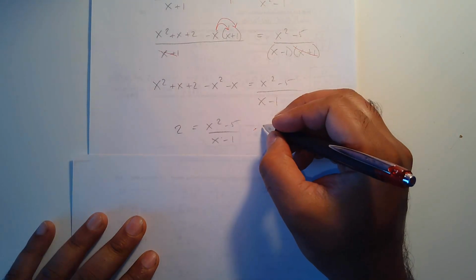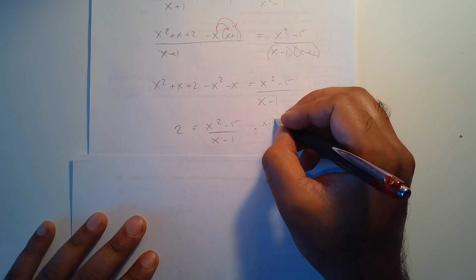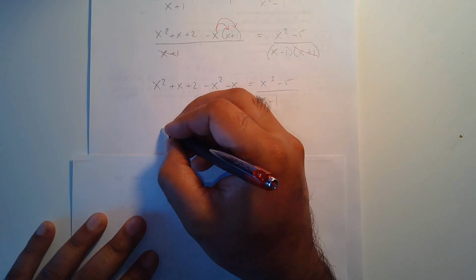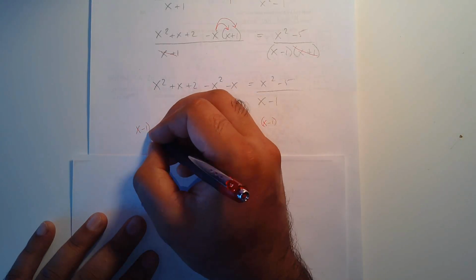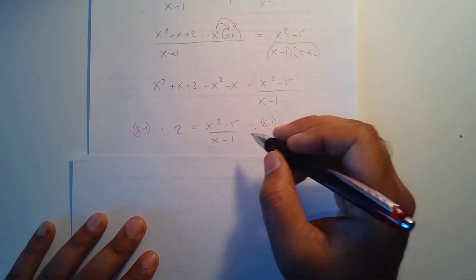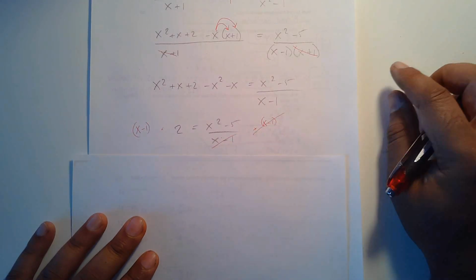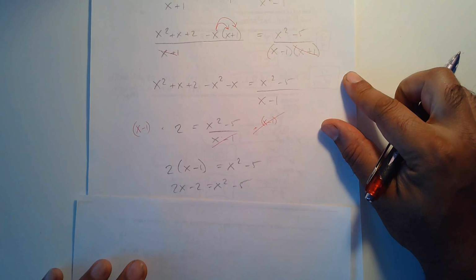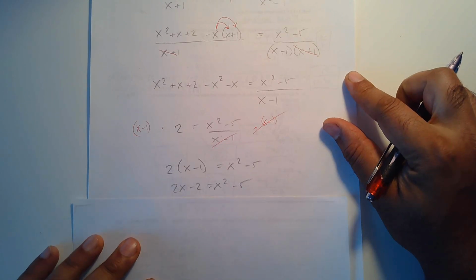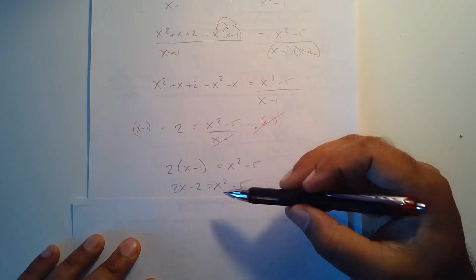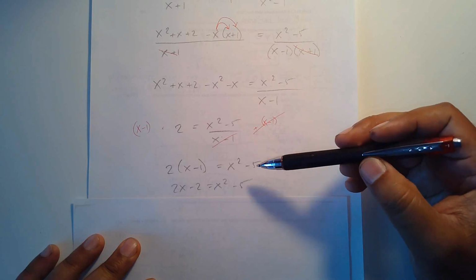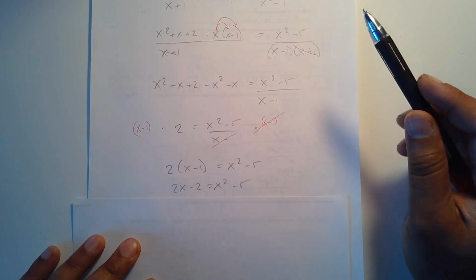So we're going to multiply this side by x minus 1, and we're going to multiply this side by x minus 1. That'll cancel this part out, and you get 2 times x minus 1, which is 2x minus 2, equal to x squared minus 5.